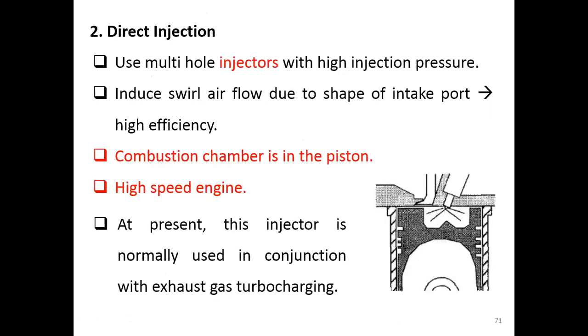Okay. So the second method comes in, and this is more widely used and is still used presently. We call it direct injection. For this method of mixture generation, we have more than one injector per chamber, and each injector has not only one hole but multiple holes.